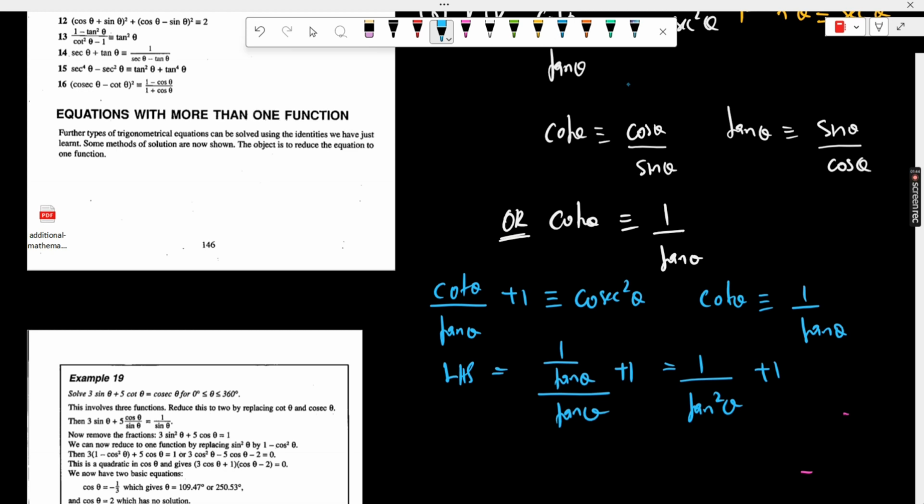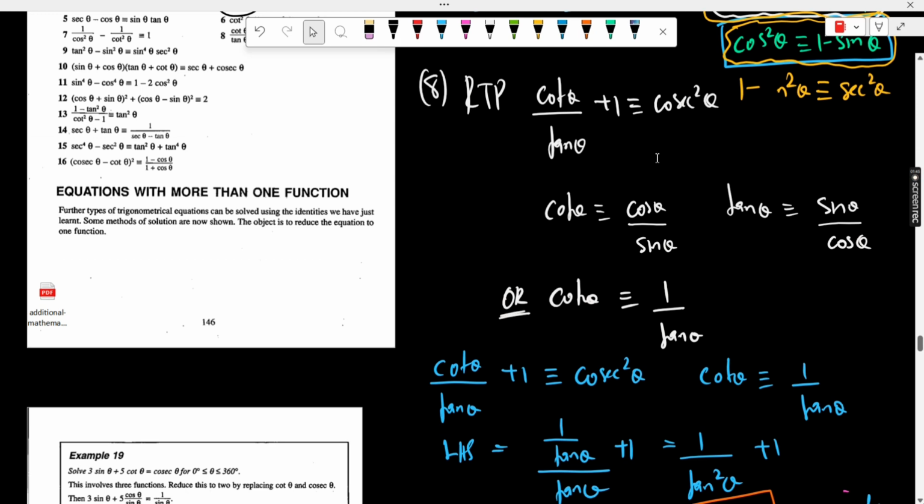From our trig identities, 1 over tan will be equal to cot, and therefore 1 over tan squared theta is equal to cot squared theta, plus 1, which of course we do know to be equivalent to cosec squared theta from our list of identities. So that one is proven. We reduce the left-hand side to cot squared theta plus 1, which we know is equal to cosec squared theta.